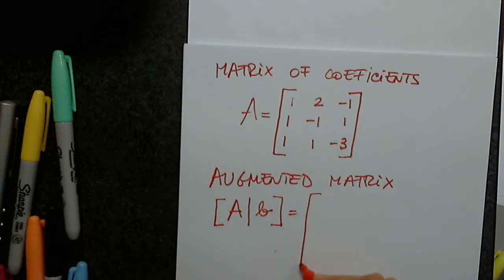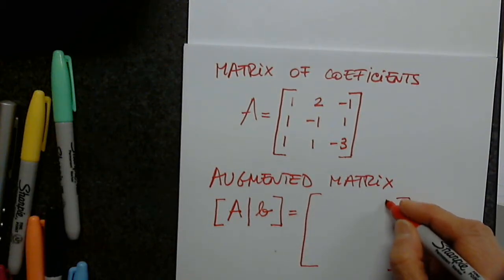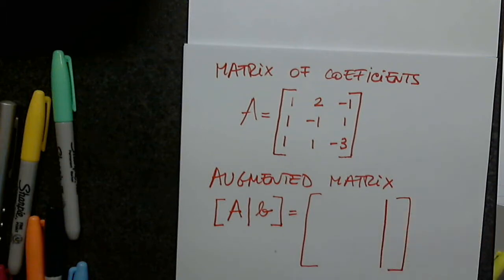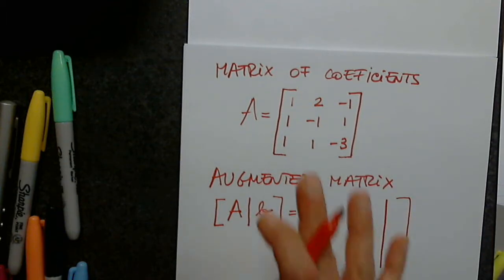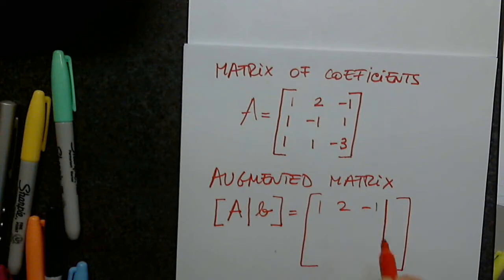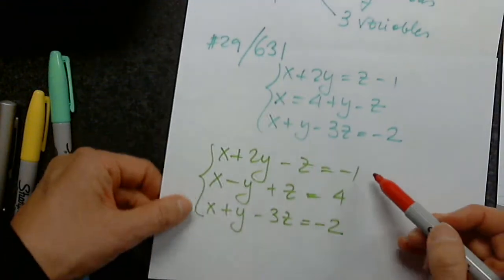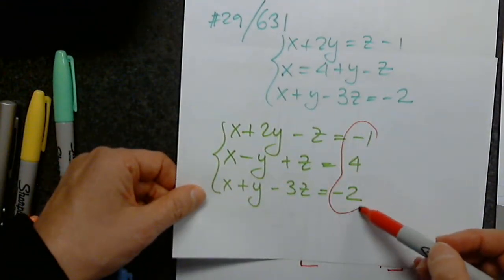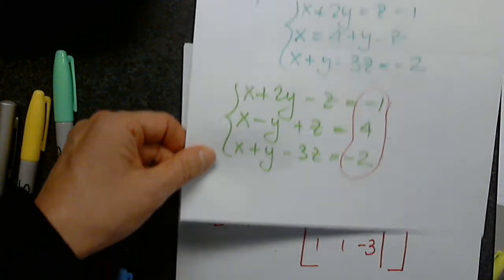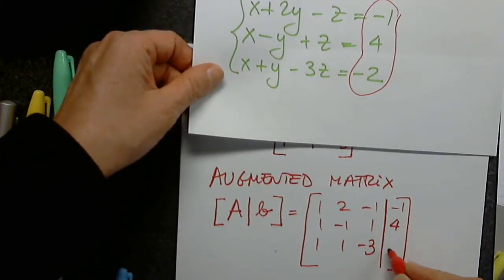This is the same matrix, but it has an additional column. I copy the 1, 2, negative 1, 1, negative 1, 1, 1, 1, negative 3. And this extra column is represented by the free terms. Negative 1, 4, negative 2.